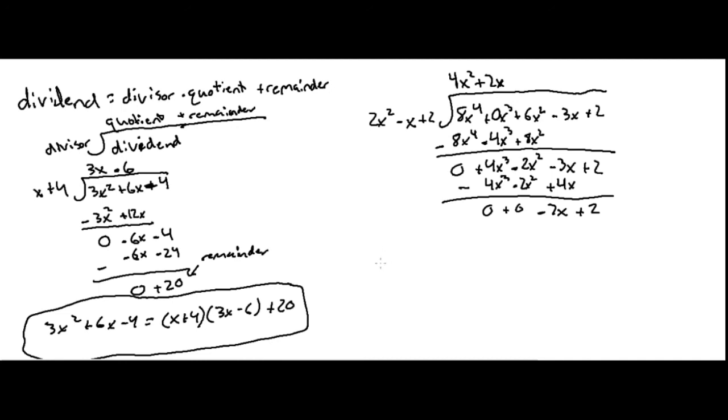Our dividend was 8x to the 4th plus 6x squared minus 3x plus 2, which is equal to the divisor, 2x squared minus x plus 2, times our quotient, which is up here, the 4x squared plus 2x, plus our remainder, which is just here, the negative 7x plus 2.